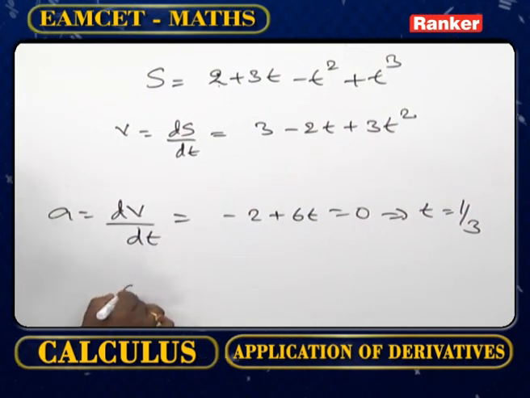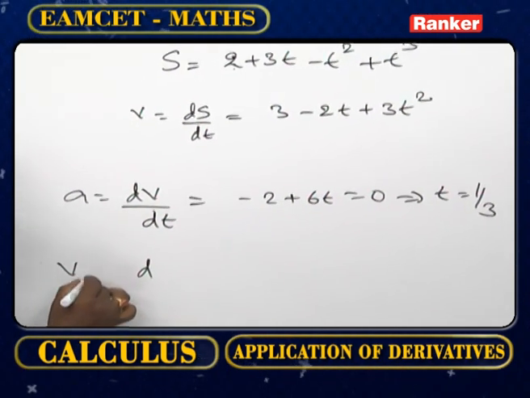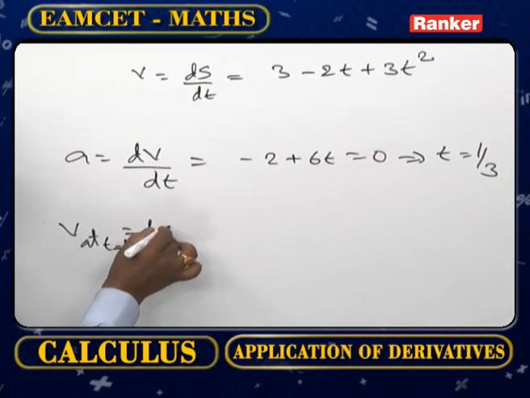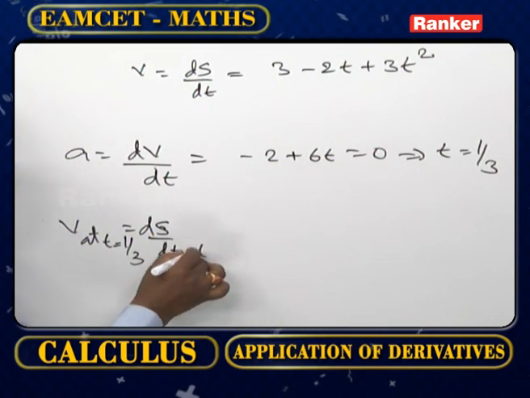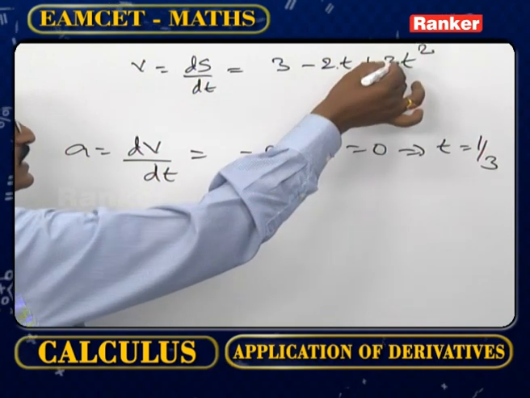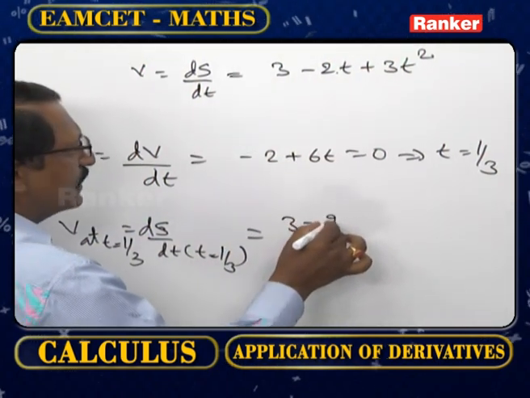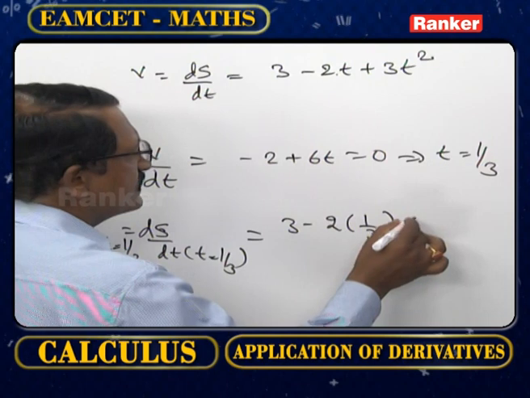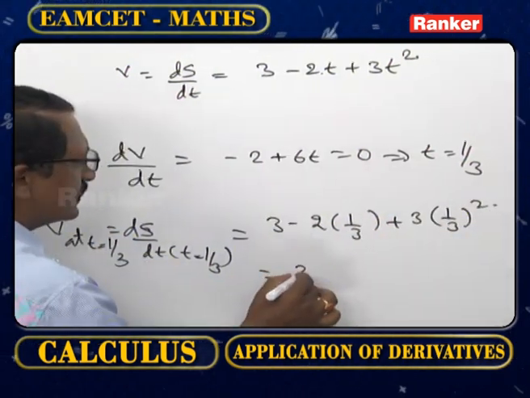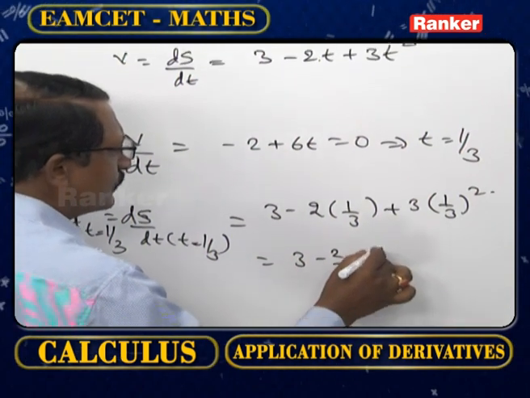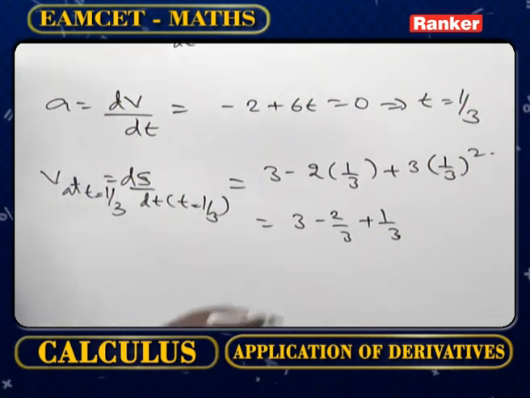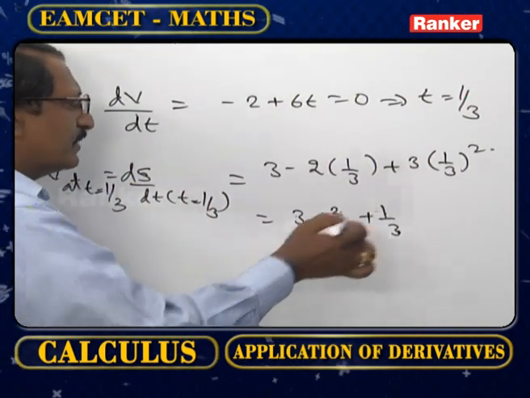Now v at t = 1/3, or ds/dt at t = 1/3. But ds/dt = 3 - 2t + 3t². So 3 - 2(1/3) + 3(1/3)², which equals 3 - 2/3 + 1/3.